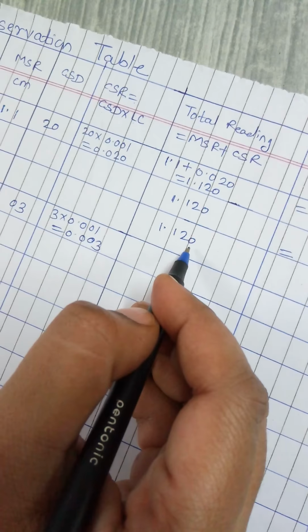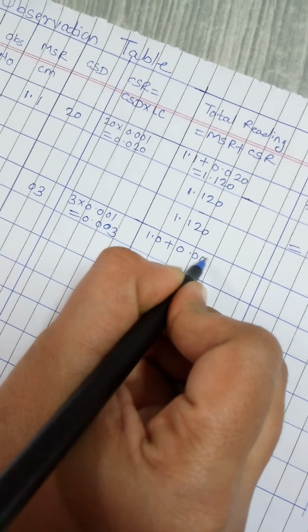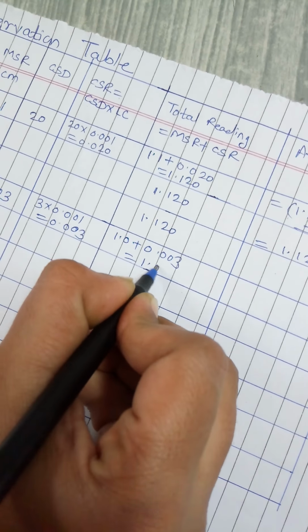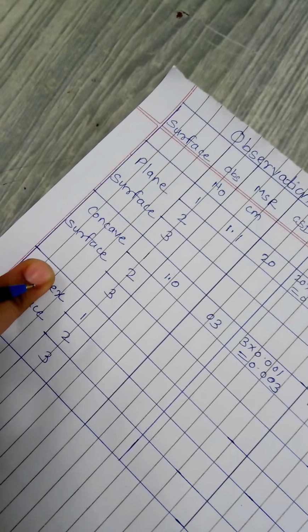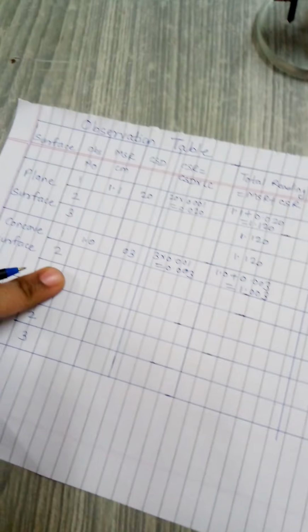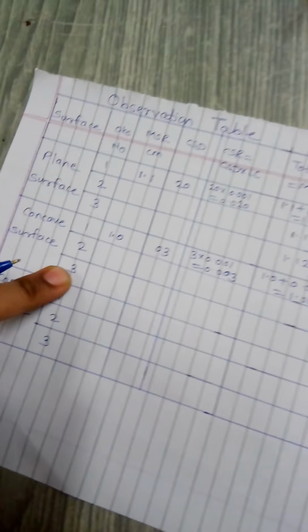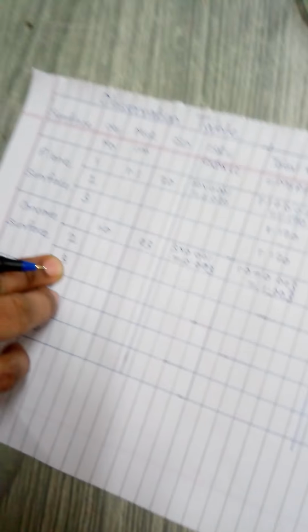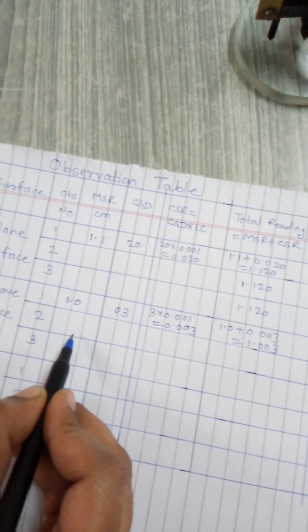Then total reading is MSR plus CSR, 1.0 plus 0.003, we get 1.003. This is the reading for the concave surface. And here, this is the difference between the plane surface and the concave surface. As we know, the concave surface is curved inward, or thinner in the middle, and therefore its reading is less than the plane surface.